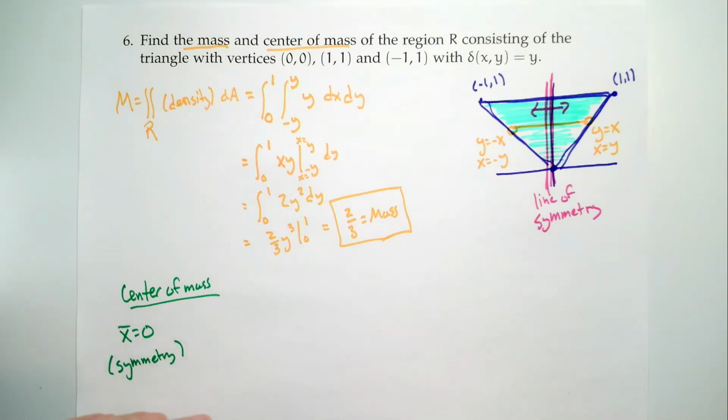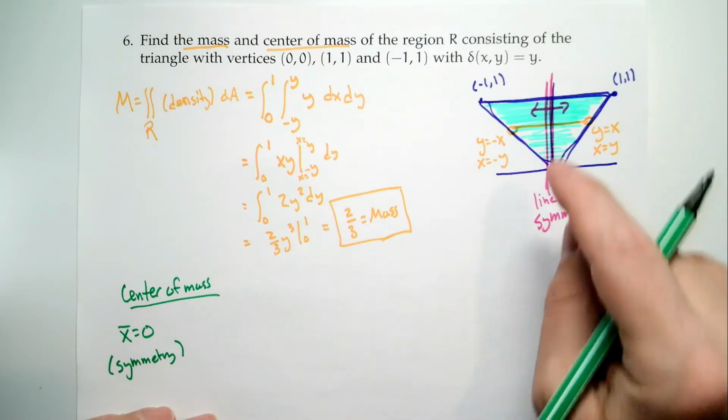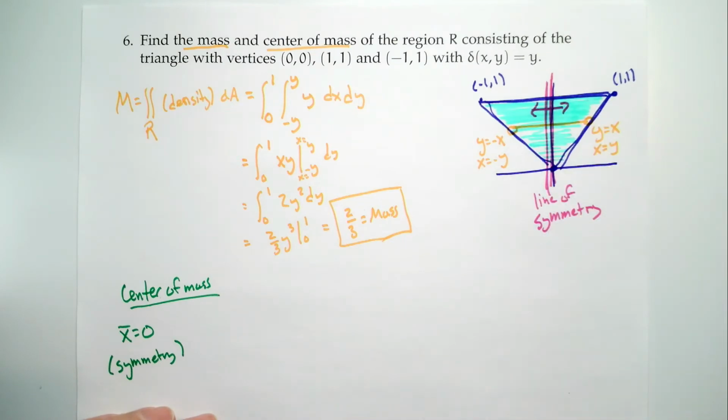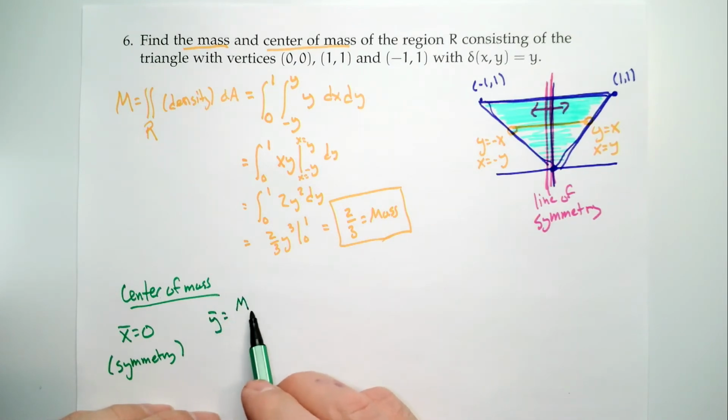All right, cool. So that makes it halfway done, right? But what about the y bar? Well, there's no symmetry, other than the one we've already talked about. So it means we have to do work. But that's okay. What we really need is that y bar is the moment with respect to the x-axis divided by our mass.